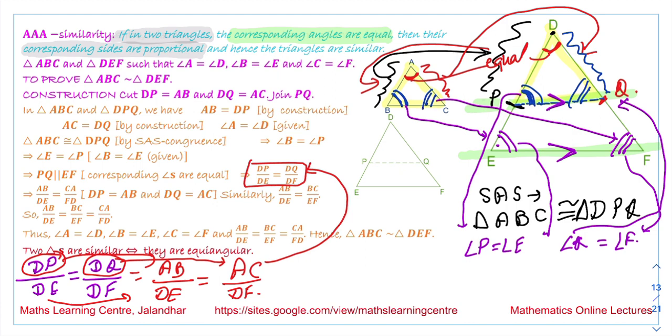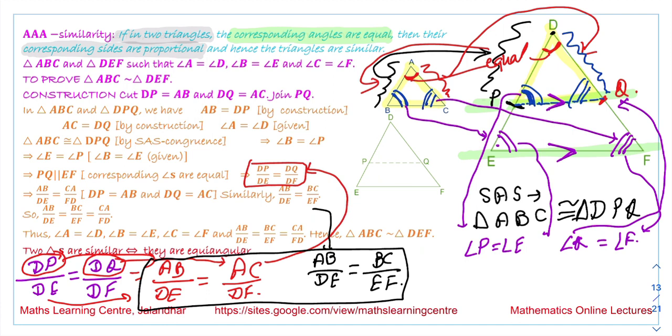Now similarly we can prove that AB over DE is equal to BC over EF. Now by combining these two results, we will get, as mentioned over here, that AB over DE is equal to BC over EF, that is equal to CA over FD.